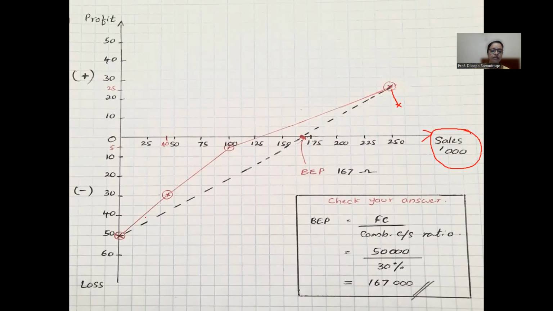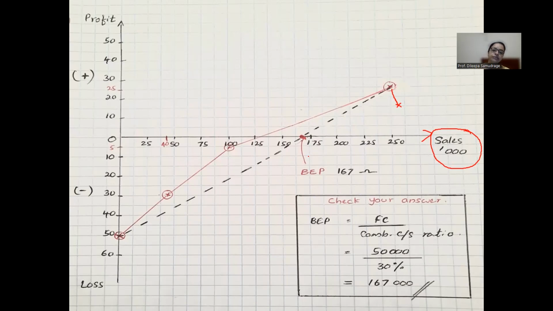So when you draw a line, the point at which it cuts the x-axis gives you the break-even point, right? Clear? Yes, madam. Okay.